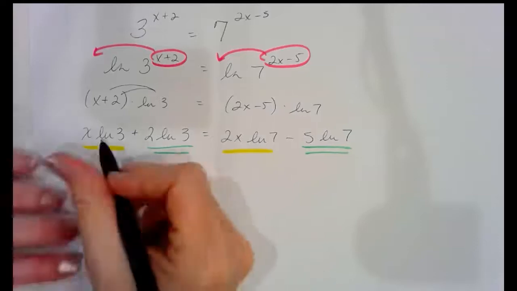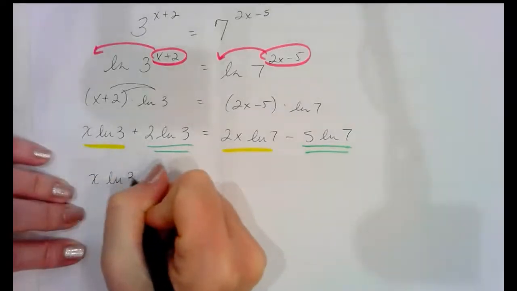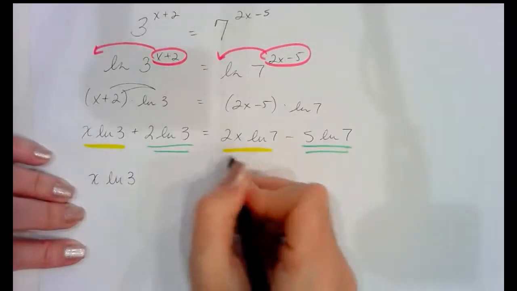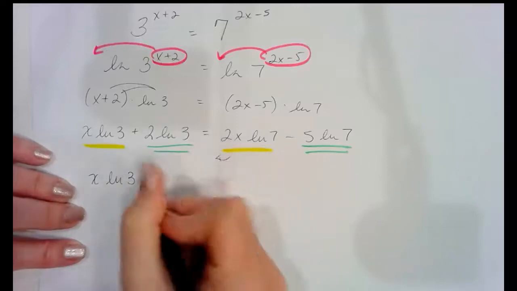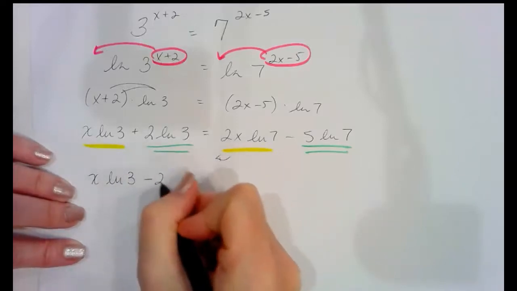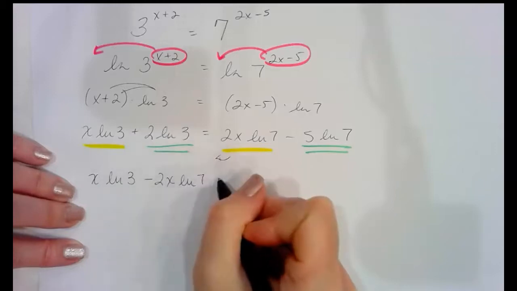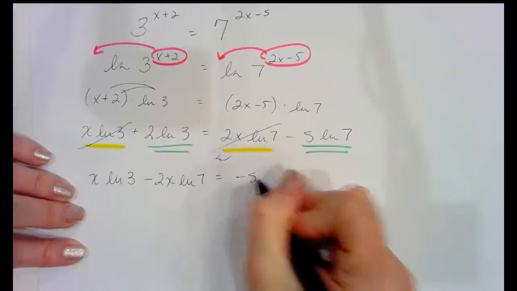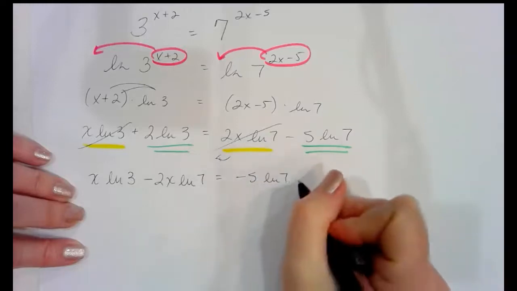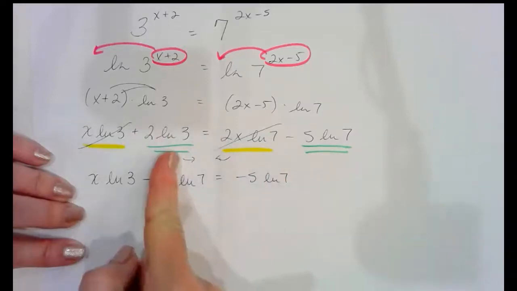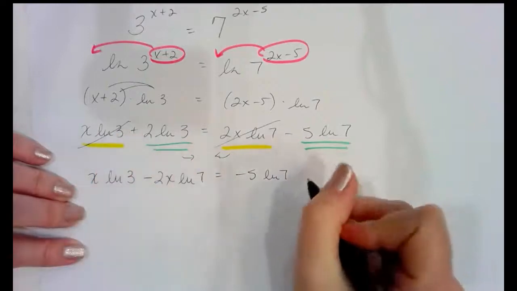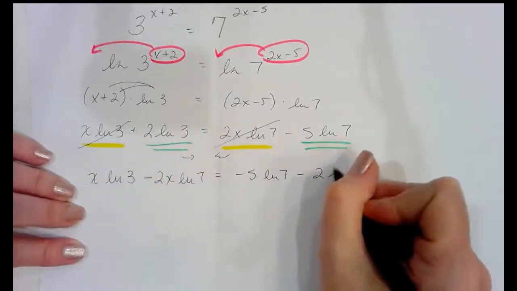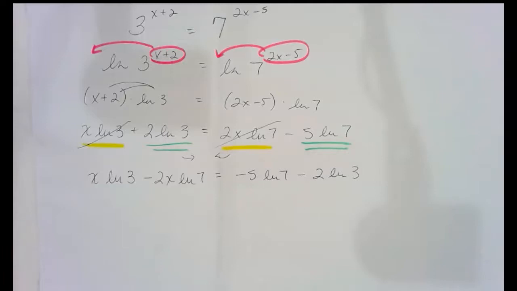So here goes. X ln 3. This is positive on the right, so when we move it to the left, it becomes negative. So minus 2x ln 7 equals, all right, done with those, negative 5 ln 7. This is going from the left to the right. It is positive, so it will become minus 2 ln 3.